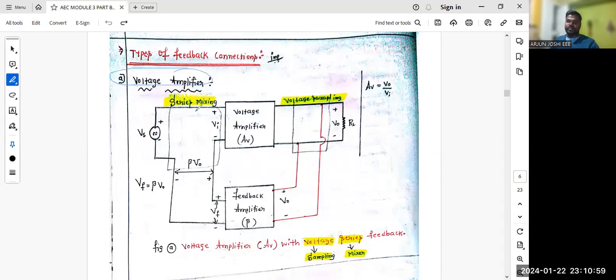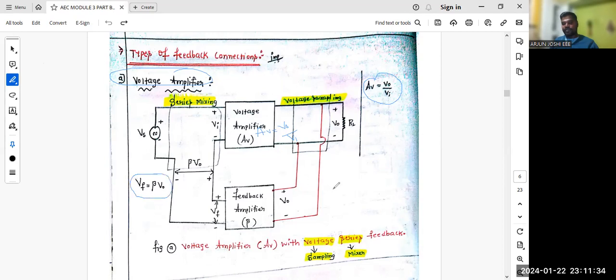What is the equation for a voltage amplifier as per our studies? AV is equal to output voltage divided by input voltage, that is nothing but gain. AV is equal to output voltage V naught divided by input voltage VI, for the basic amplifier. The second equation we should know: Vf is equal to beta V naught.